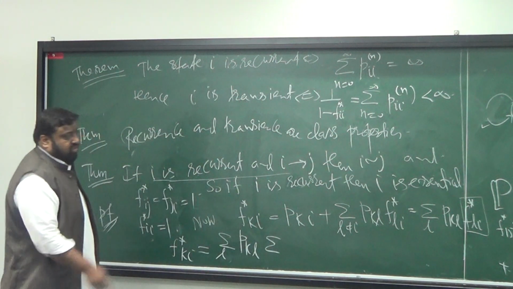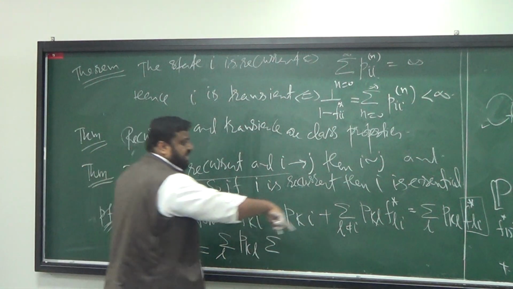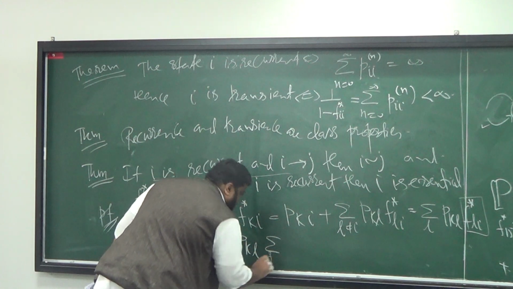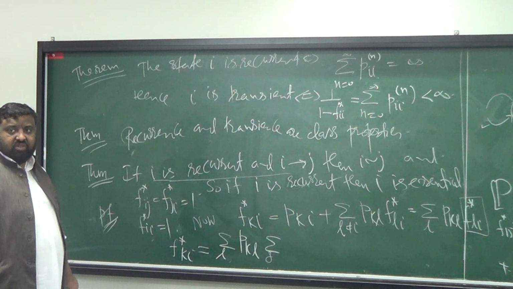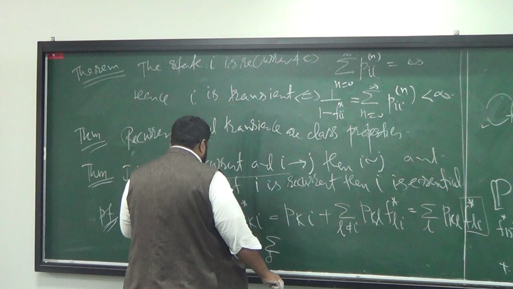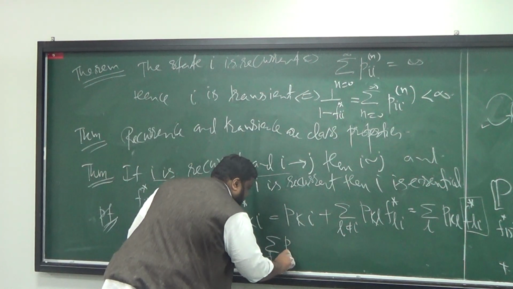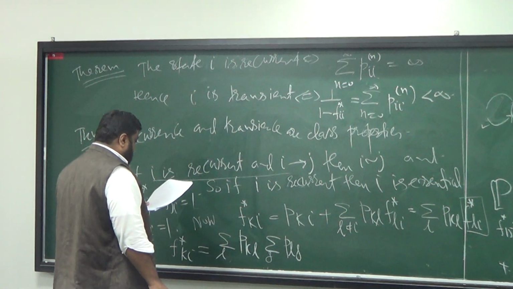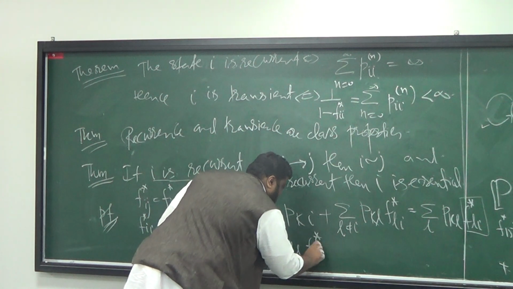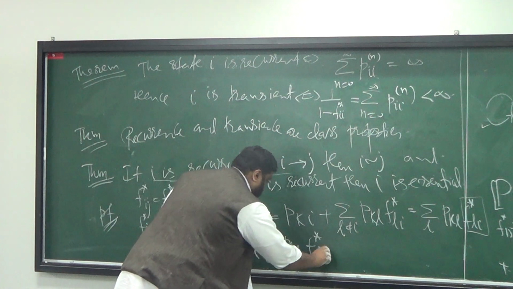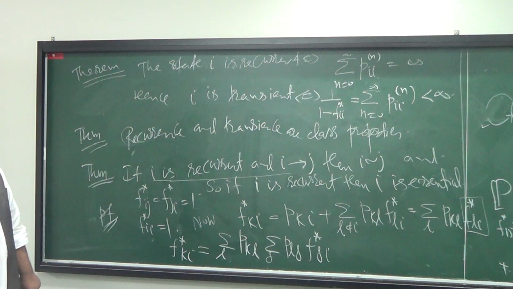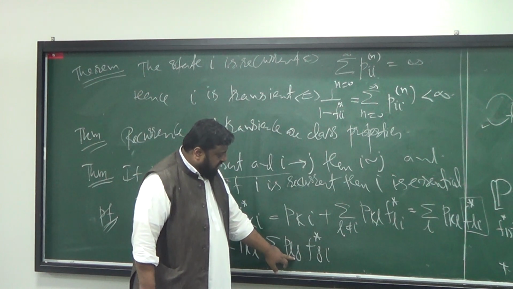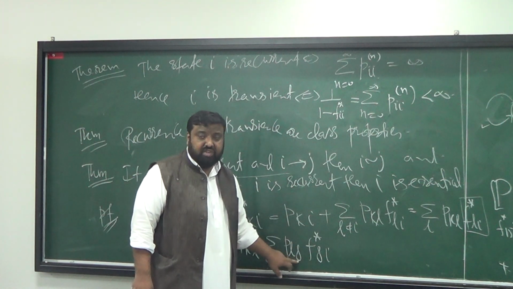In a similar manner, I can substitute for F star LI, so let's say that this sum is over G, and I have PLG and F star GI. So this is the probability that you are going to reach from state L to G, and then G to I. Actually this is one step, and this eventually.